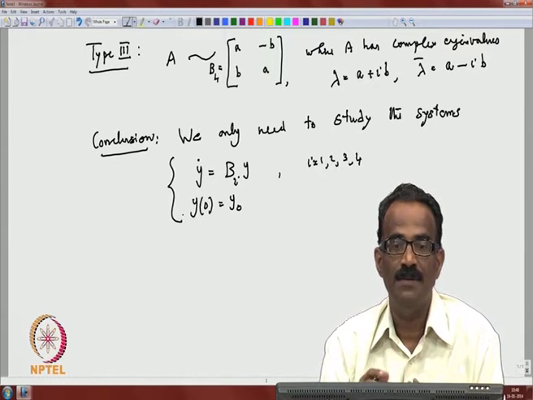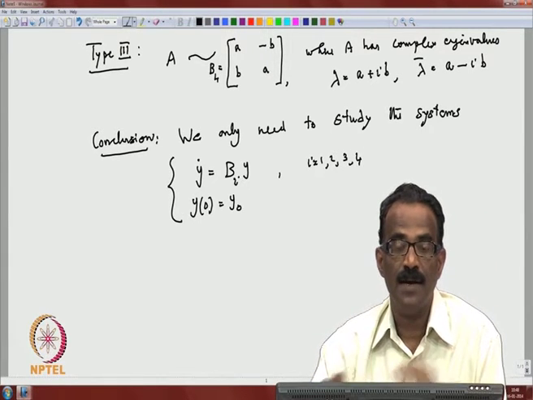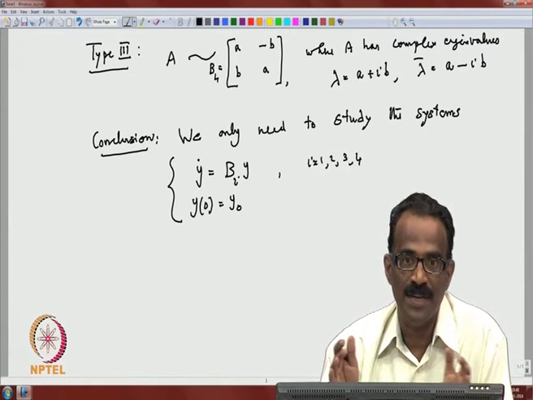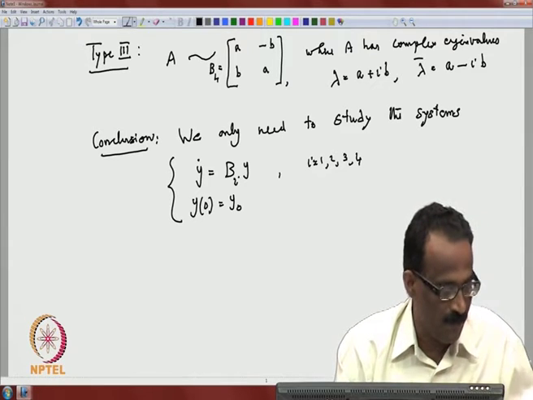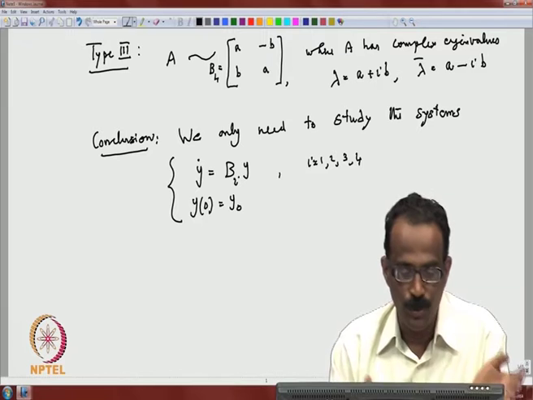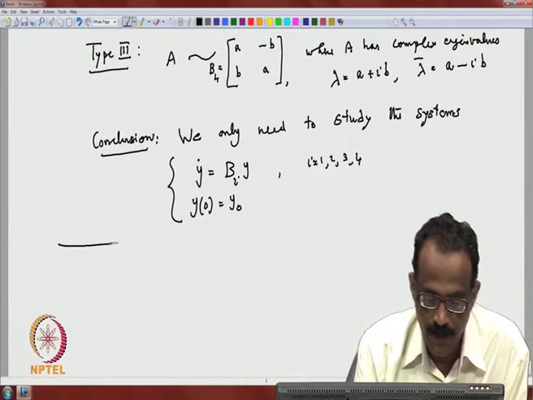Once we know that, we understand the nature, and the corresponding A will have the same nature, and then there will be a coordinate change, which we will see how these things happen. So, we are going to study these one by one now.